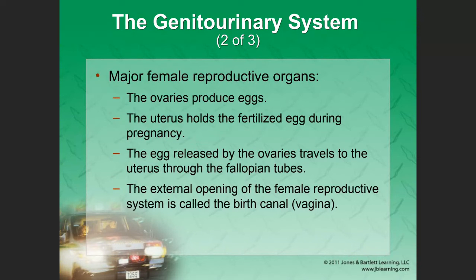The major female reproductive organs include the ovaries, which produce eggs. The uterus holds the fertilized egg during pregnancy. The egg released by the ovaries travels to the uterus through the fallopian tubes. The external opening of the female reproductive system is called the birth canal or the vagina.